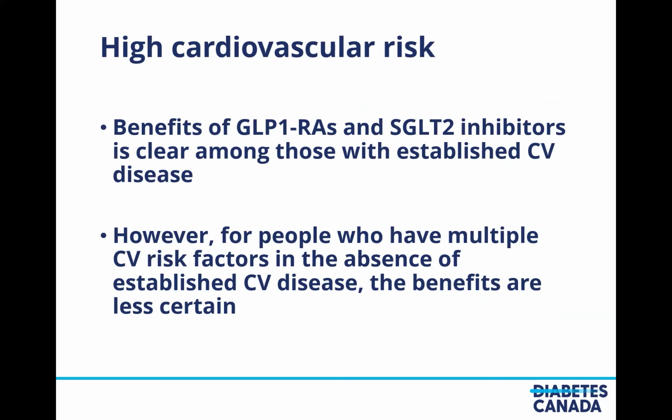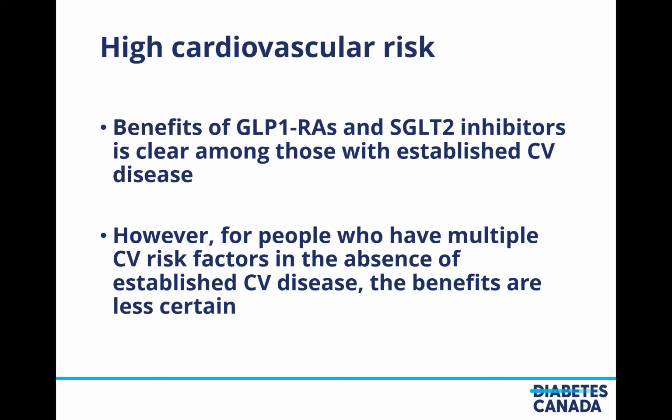And we can say from reviewing the meta-analyses, we can conclude that the benefits of GLP-1 receptor agonists and SGLT2 inhibitors are clear in those with established cardiovascular disease. In other words, those at the very highest of the high cardiovascular risk group. However, for people who have multiple cardiovascular risk factors in the absence of cardiovascular disease, so that primary prevention group who are not as high risk, the benefits are less certain.